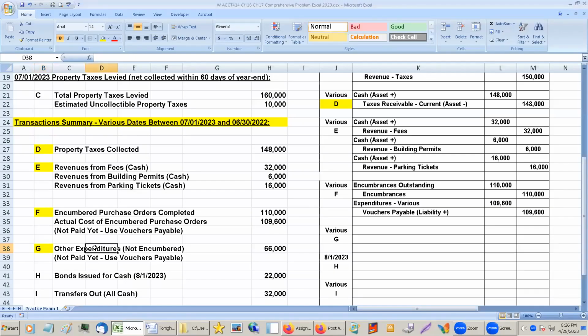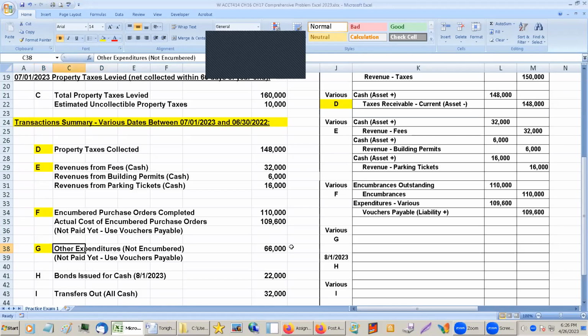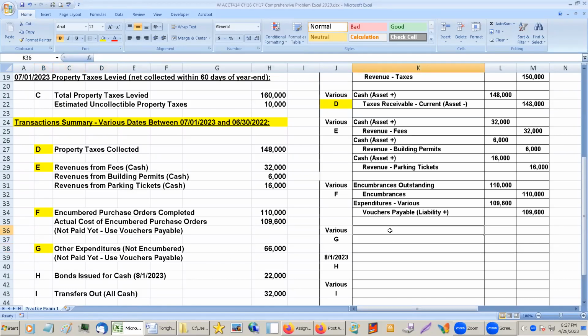They can be, but usually they aren't. Okay, so other expenditures not encumbered, use vouchers payable. So we just put expenditure for that one too, the same as this one. We just don't have to take the encumbrance off because there isn't an encumbrance.